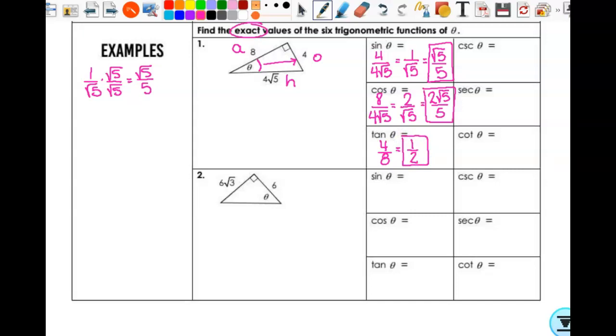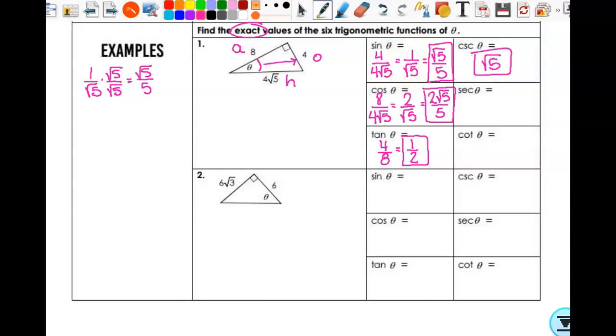Okay, so now we're going to move on to cosecant. I know that cosecant is the reciprocal of sine, so it's hypotenuse over opposite. If all I was doing is cosecant, I would have to start from scratch. But I have sine, so I know that this is just the reciprocal of sine. All three of these have the same value. If I just pick this one and take the reciprocal of that, I get the square root of 5. I don't have to do any work.